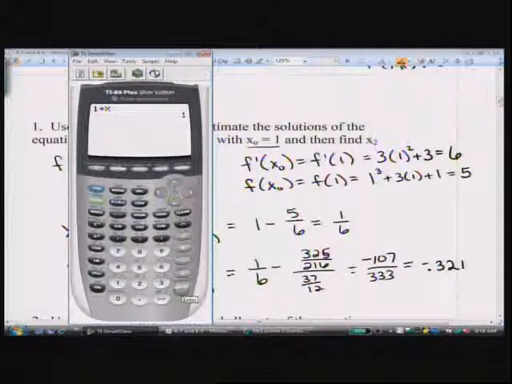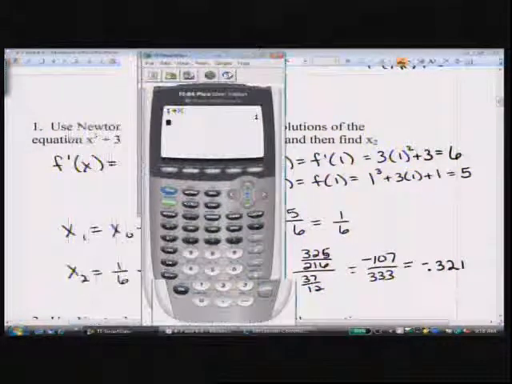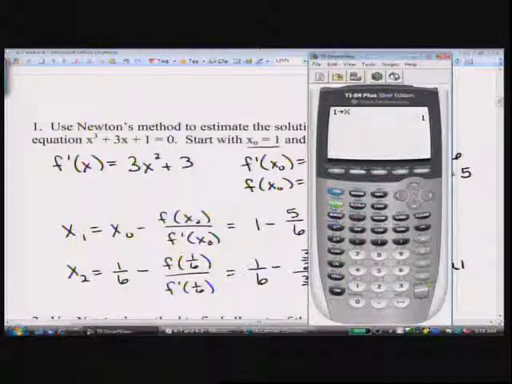All right? And then now I have Newton's method, x naught minus f of x naught over f prime of x naught, programmed into y2.